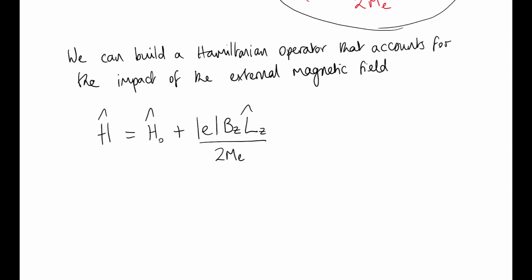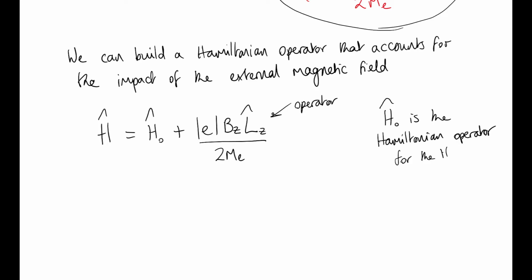So here's the operator here that we're going to introduce. And H naught in here, in fact it's H naught hat, is the Hamiltonian operator for the hydrogen atom.